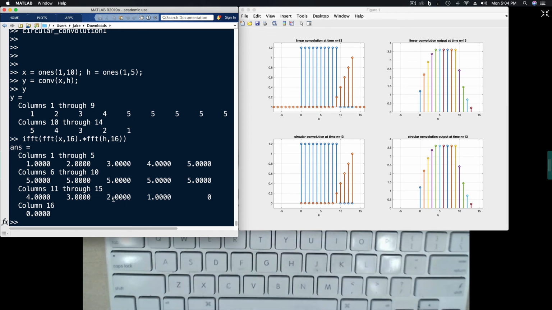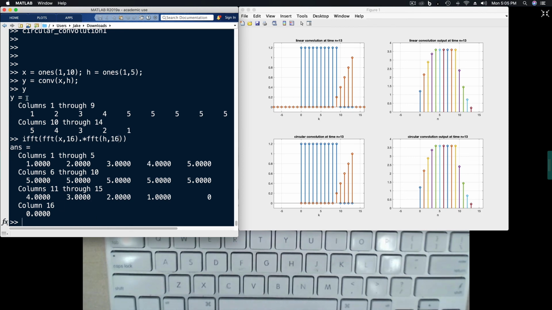Okay, if we look at these values sample for sample, we have 1, 2, 3, 4, 5, 5, 5, 5, 5, 4, 3, 2, 1, and we get the same answers from this transform result, and then we have 0, 0 at the end, because remember the convolution is length 14, and we've zero padded more than the minimum, and so the result that we get has some zeros at the end.